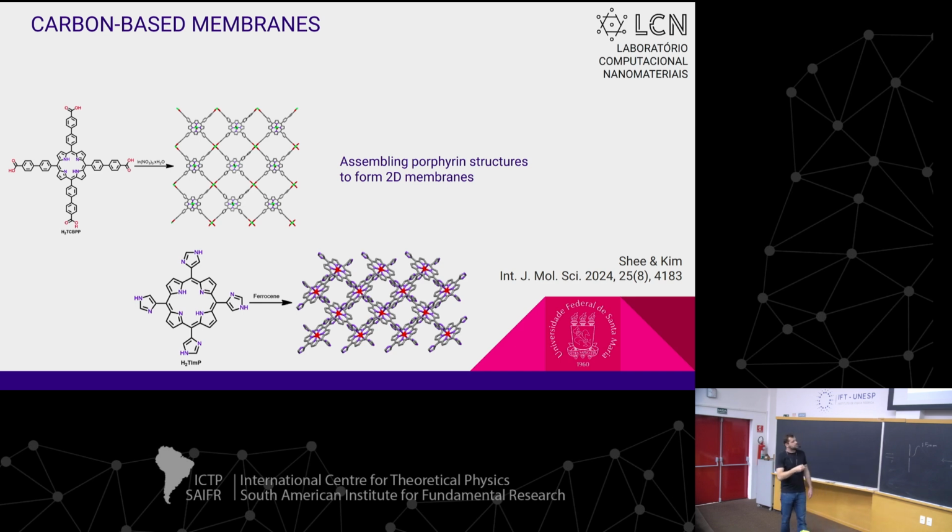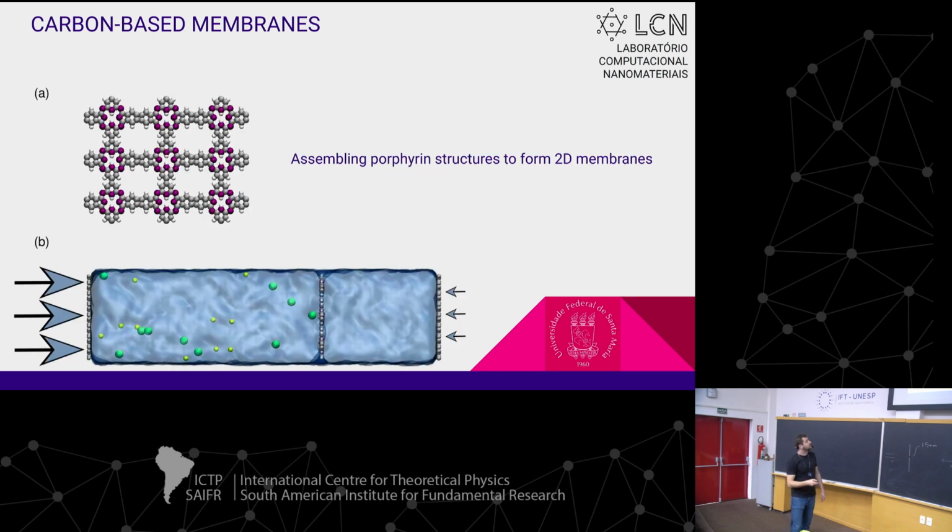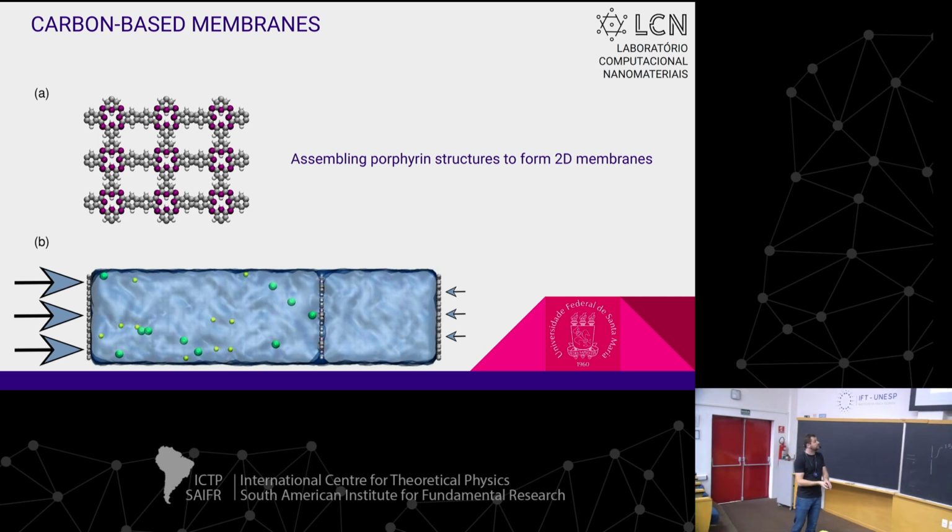You can even control the pore size of the membrane if you control the type of porphyrins you're using. We've been interested in this particular configuration because it has been shown to be experimentally stable. So, okay, we saw this. This looks like a membrane. It's porphyrin based.